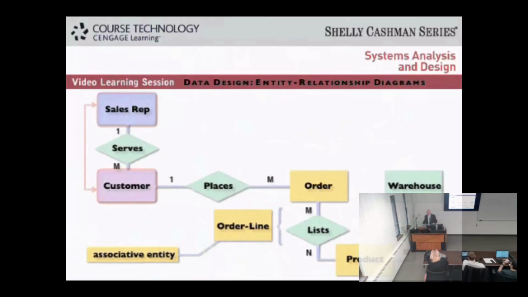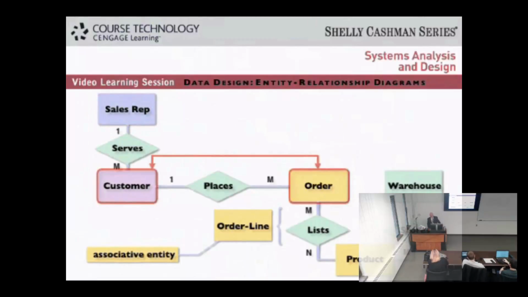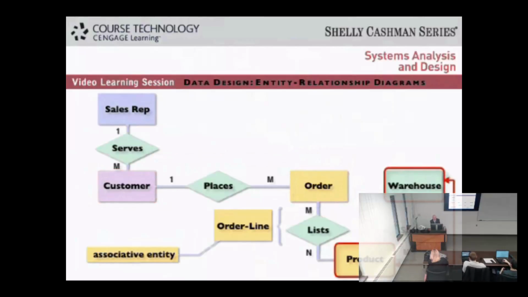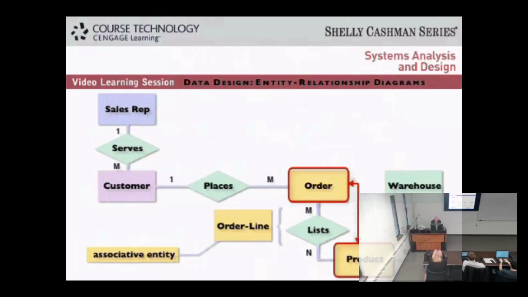Suppose you have a sales system where one sales rep serves many customers. One customer can place many orders, and one warehouse stores many products. These are one-to-many relationships. However, order and product have a many-to-many relationship, because one order can have many products, and one product can appear in many orders.